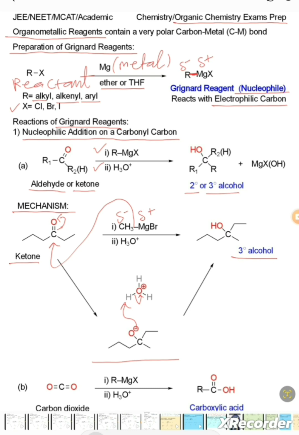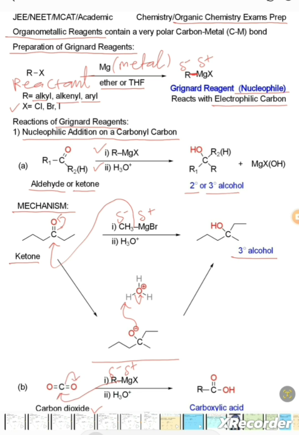Now the second type of reactions where we have addition of the nucleophilic Grignard reagent is the addition of Grignard to carbon dioxide. So there are two steps here. First step is the nucleophilic carbon approaches the carbonyl group of the carbon dioxide, just like we have seen above in the mechanism.